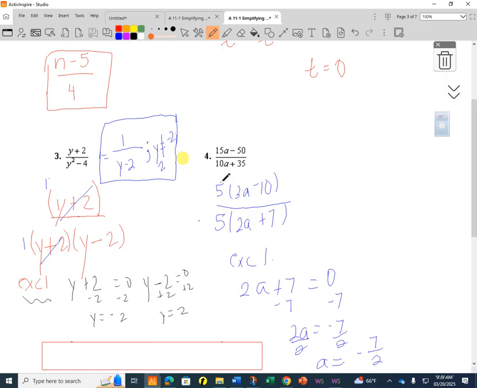Last step is to cancel any common factors in the numerator and denominator. So our final answer is going to be 3a minus 10 divided by 2a plus 7.